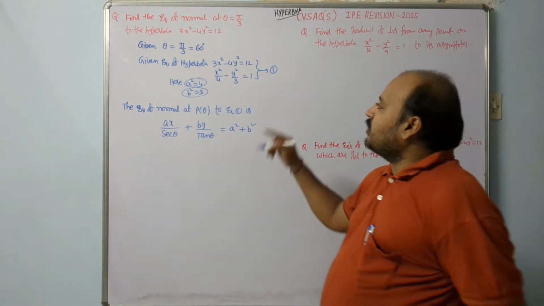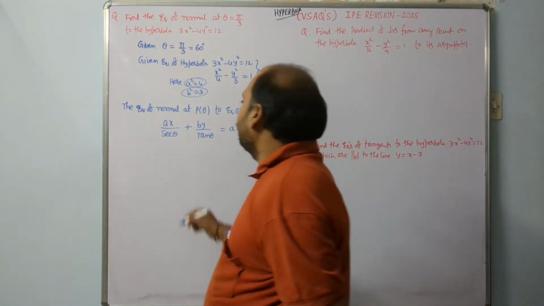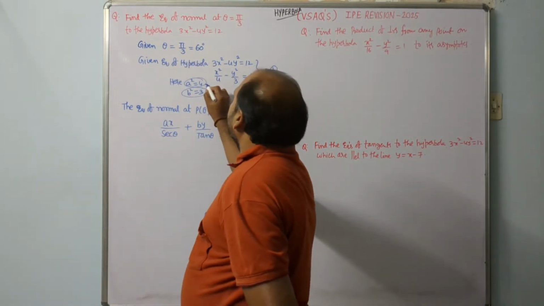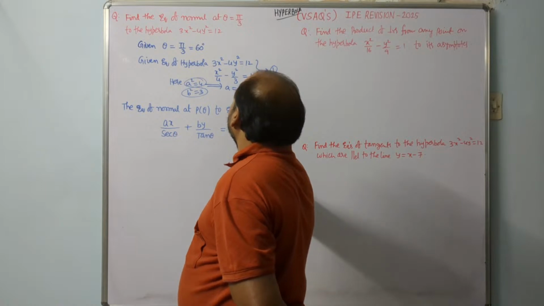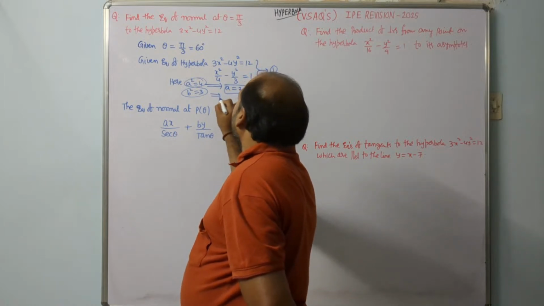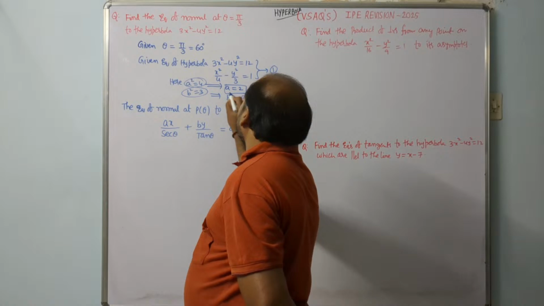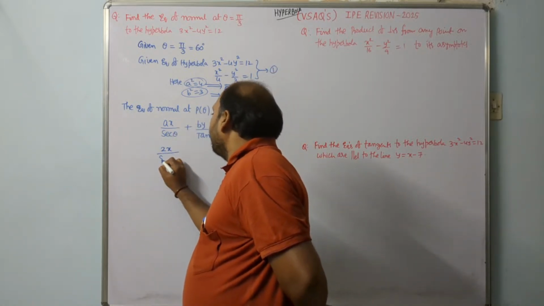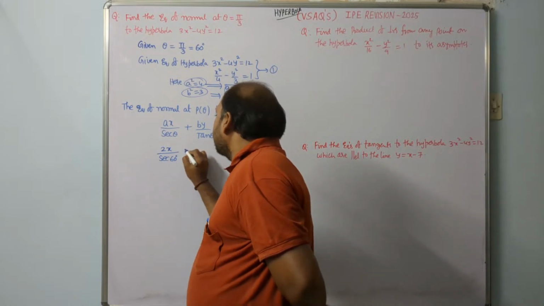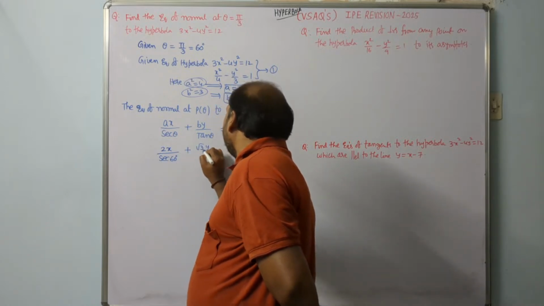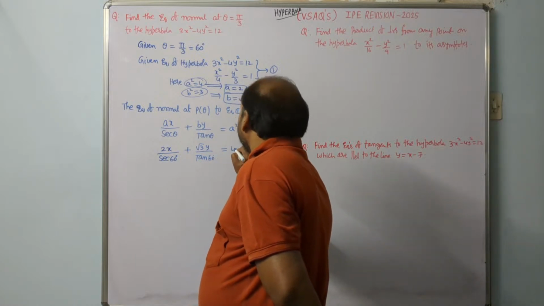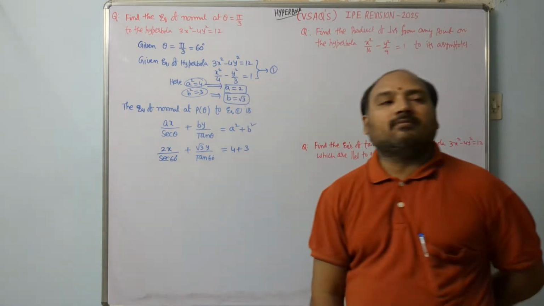Wherever theta is there, you replace with 60 degrees. So now, a and b also we need to write it. So a square equal to 4 means a is equal to 2, and b square equal to 3 means b is equal to root 3. So a value 2x divided by secant 60 degrees plus root 3y divided by tan 60 degrees is equal to a square plus b square, 4 plus 3.